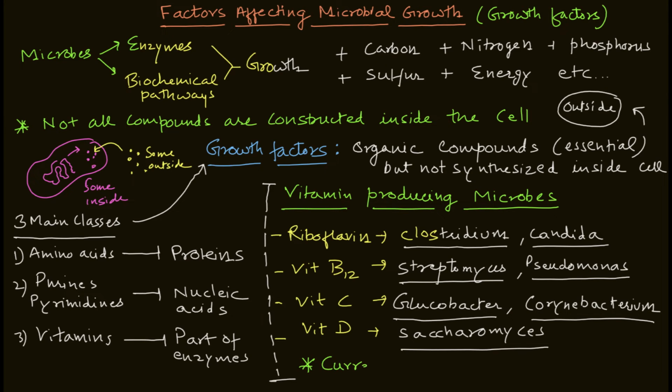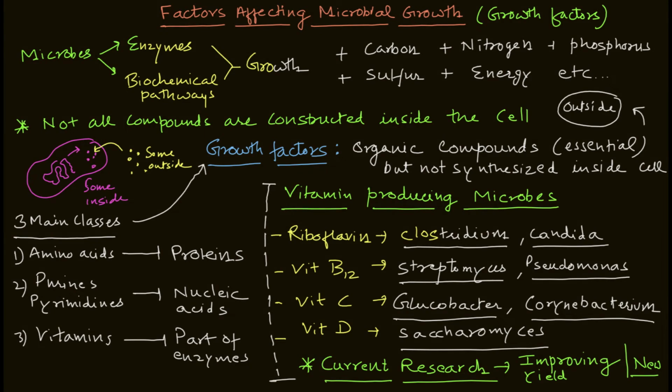Now, this is also important for current research because you need to find out new microbes that can produce vitamins or other important compounds. You also need to improve the yield. You need to standardize the conditions to improve the yield of those particular products.